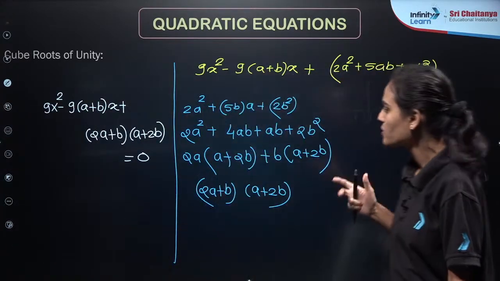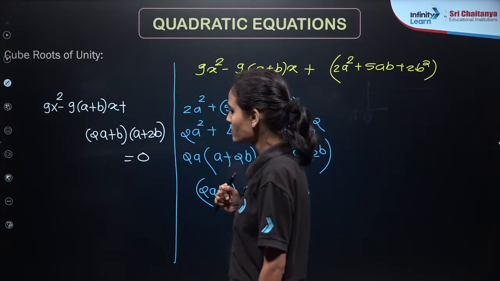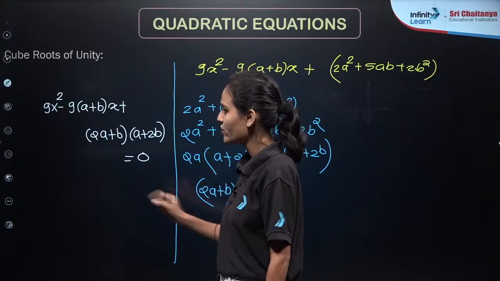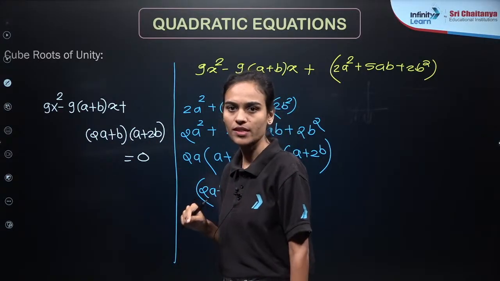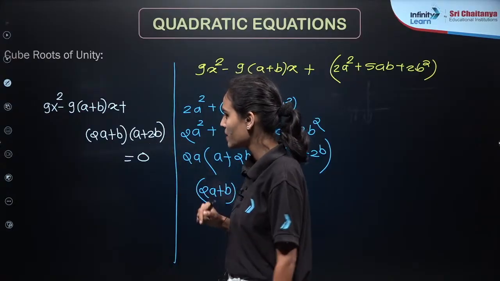Now how can we split this? That is the game, right? Here one thing is, I want my addition to be minus 9 into a plus b, right? And I want my product to be 9 into 2a plus b into a plus 2b.